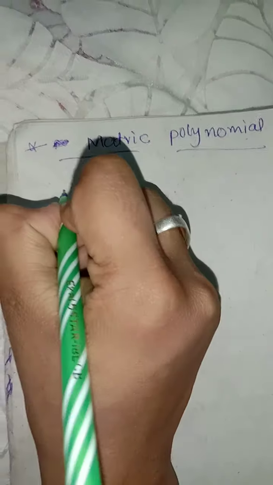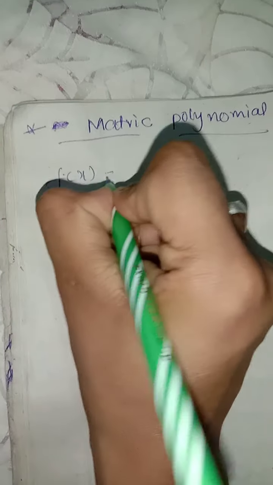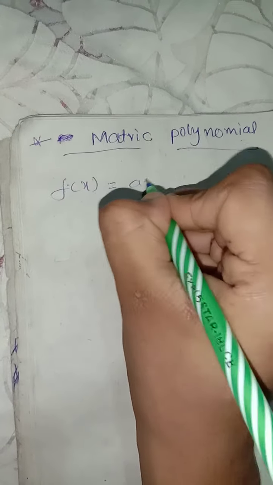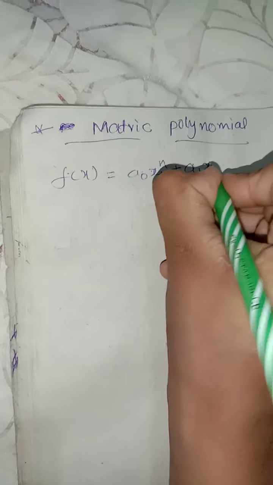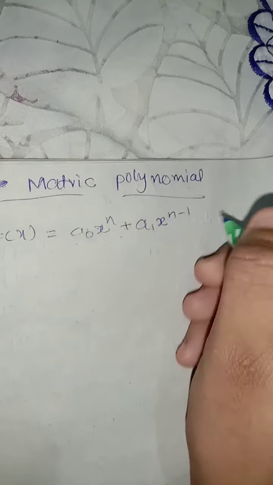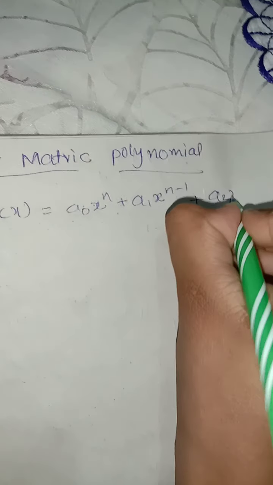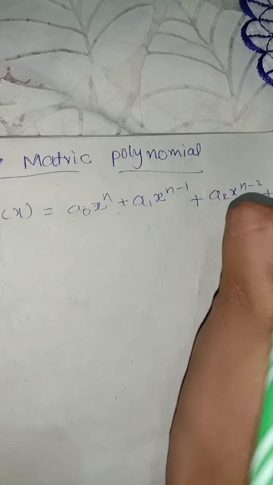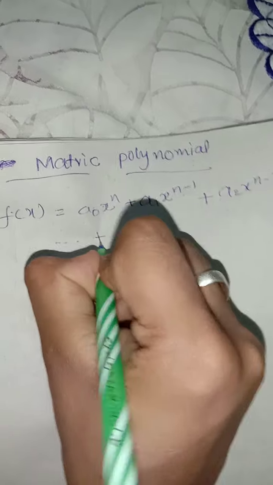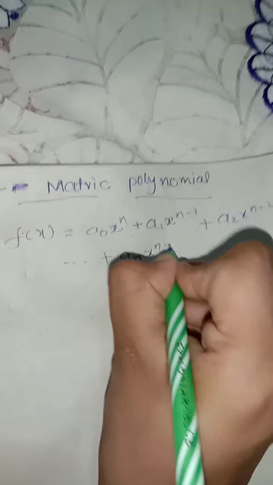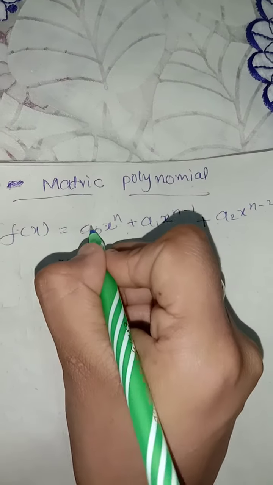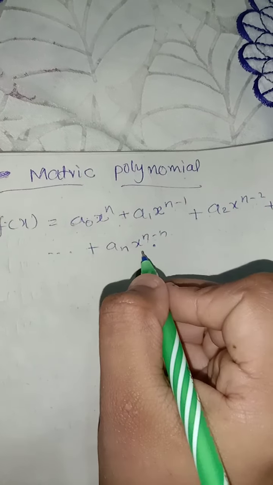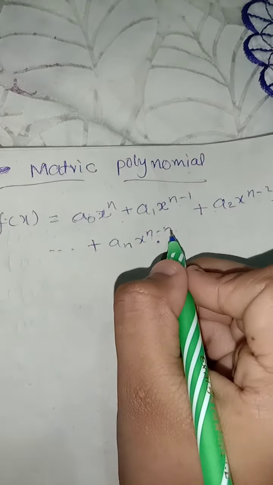For example, consider any polynomial f of x equals a naught x power n plus a1 x power n minus 1 plus a2 x power n minus 2 plus so on plus an. This is one of the polynomials.